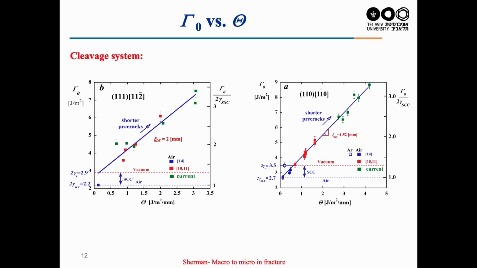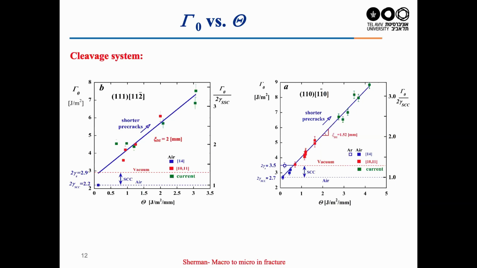The cleavage energy under vacuum, this is the cleavage energy under environment condition. And we reach here 7.5 in terms of gamma naught over 2 gamma stress corrosion cracking. It increases by 3.5 over the free surface energy under environment.